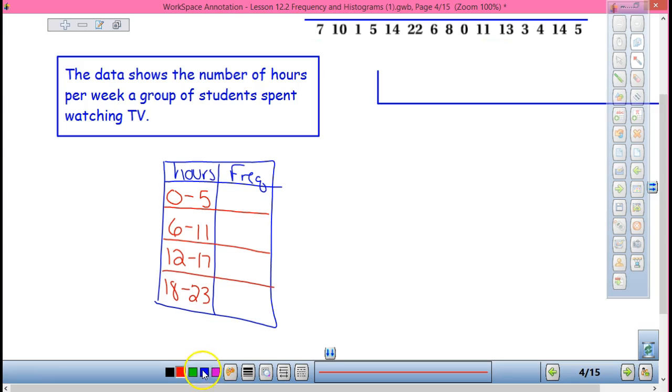So how many of them are up there from 0 to 5 hours? 1, 2, 3, 4, 5, 6. Yep. So we're going to put 6 right here in our frequency.